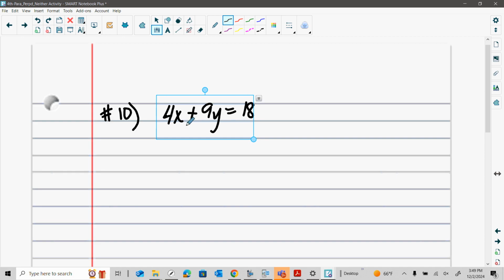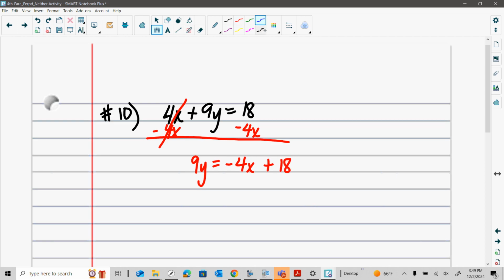I'm solving for y, so that means I'm going to subtract the 4x first to eliminate the x term. Rewrite it as 9y equals negative 4x plus 18. Then we would divide each term by that 9 that's in front of the y. Now, this 4 over 9 can be reduced. Oh, I take that back. It cannot be reduced.